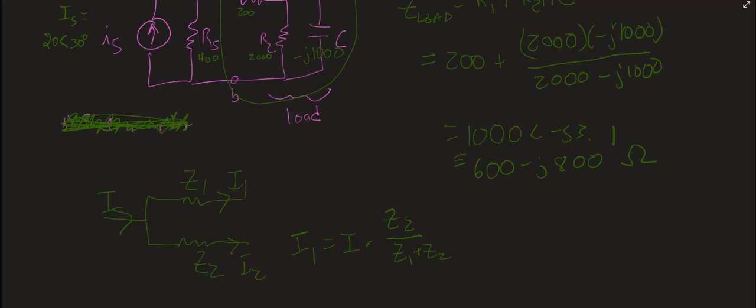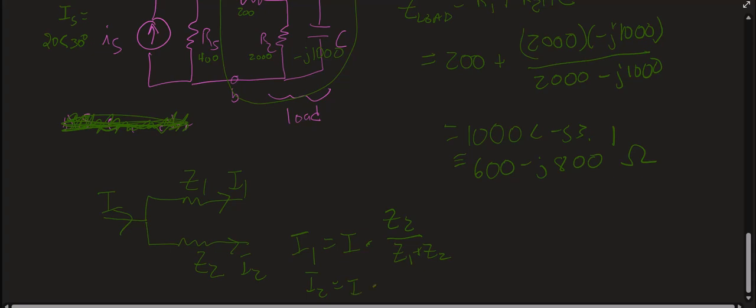Now, y'all had learned a formula in Circuits 1 involving R equivalent. It is the same thing as this, it just has more stuff in it and more places to make mistakes. So I1 is I times Z2 over Z1 plus Z2, and I2 is I times Z1 over Z1 plus Z2.